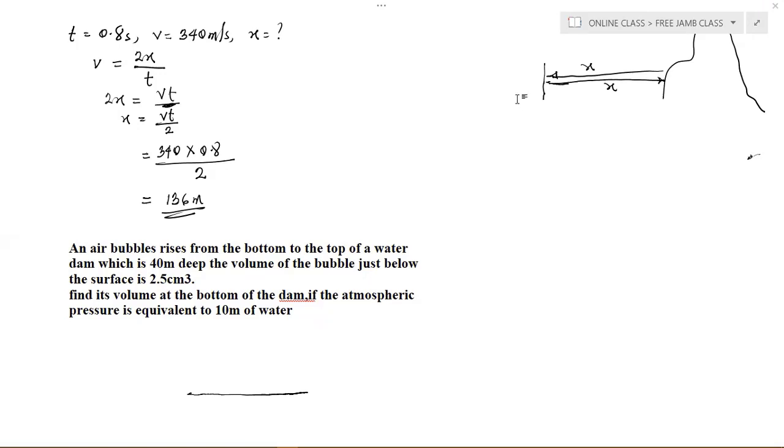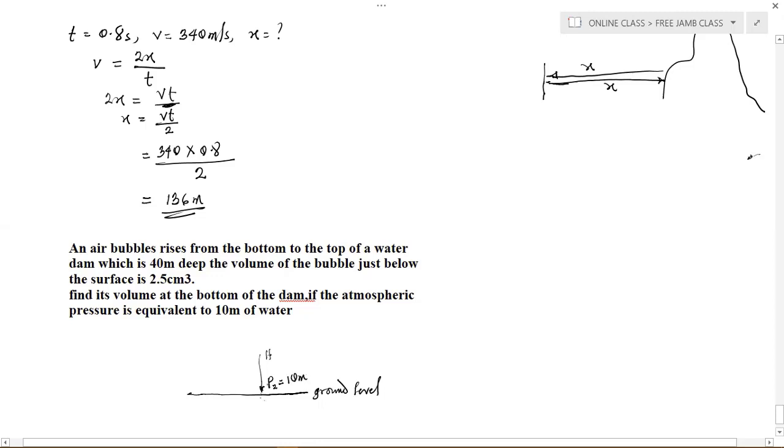Now, in this case, here is the ground level. The atmospheric pressure is acting on the ground level. That is H. I will call it P1 or P2. Anyhow, let me make it P, which is 10 meters.